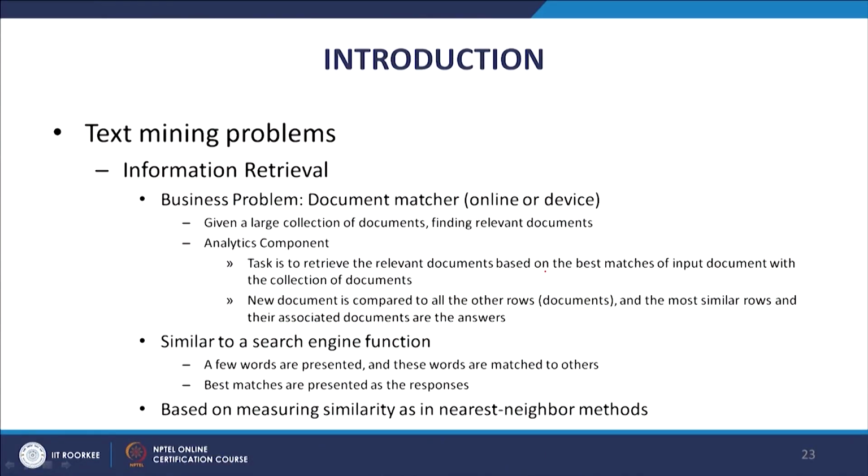This is something we do using the search boxes in our own personal systems. The analytics task is to retrieve the relevant documents based on the best matches of the input document with the collection of documents that we have, so that document matching is performed and the relevant results are presented.